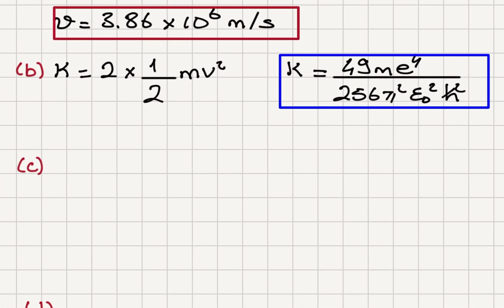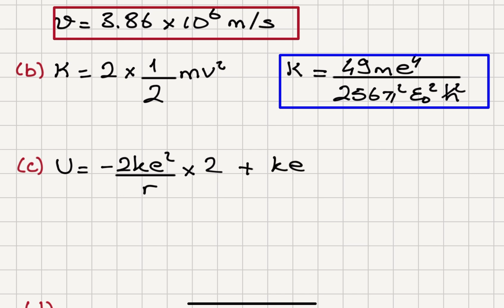Part C, what is the potential energy of the system, the nucleus and the two electrons? The potential energy is minus 2ke squared divided by r, the potential energy of one electron times 2 due to the presence of the nucleus, plus ke squared over 2r, the repulsive potential energy between the two electrons.